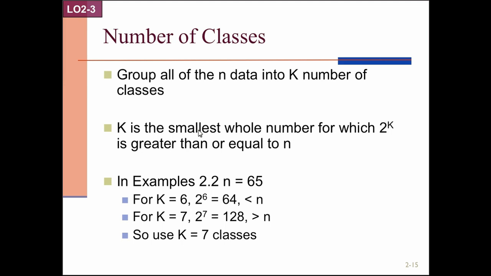If you go back to your algebra, all I have to figure out is the value of k such that 2 to the k should give me 65. It's easy to remember that 2 to the 6 is 64.